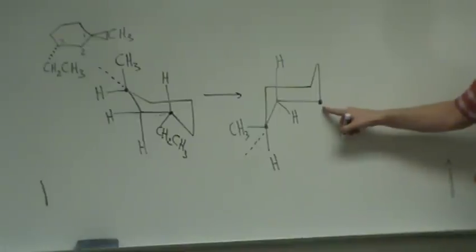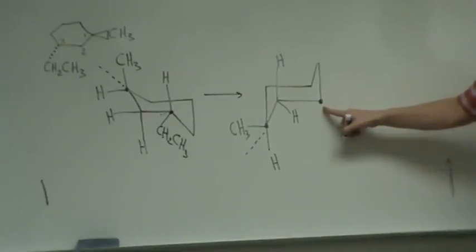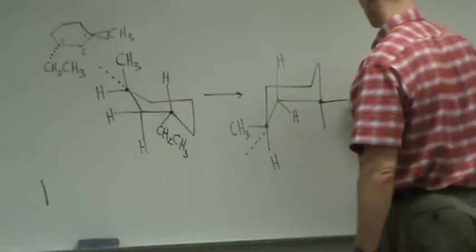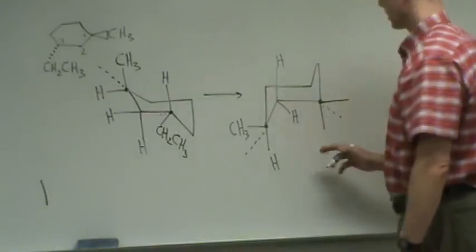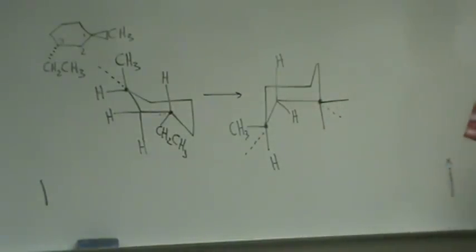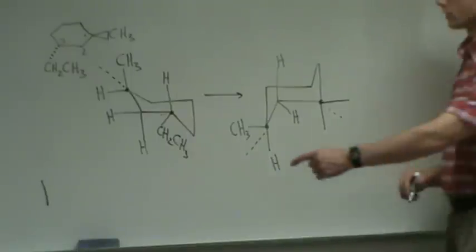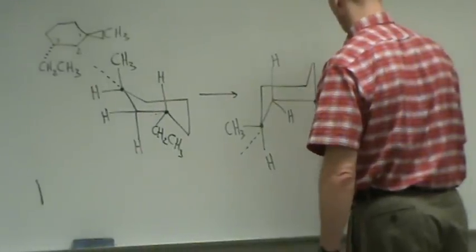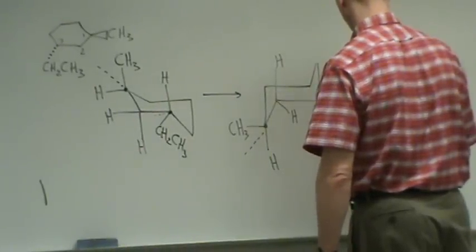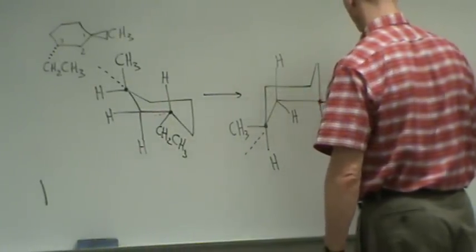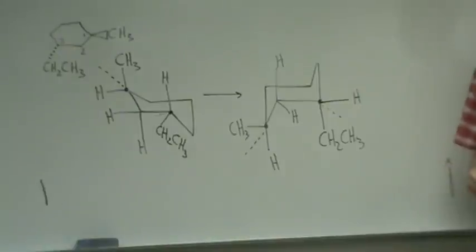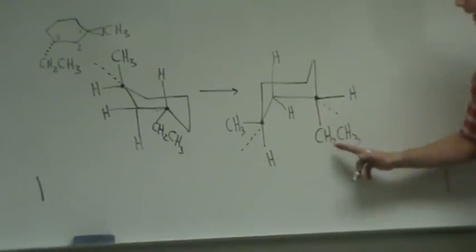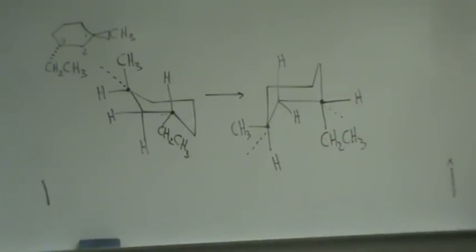And now let's come to the 3rd carbon. The 3rd carbon, now the bottom has become axial, where it was equatorial. So my ethyl is still on the bottom, but it is now on an axial bond because of the ring flip.